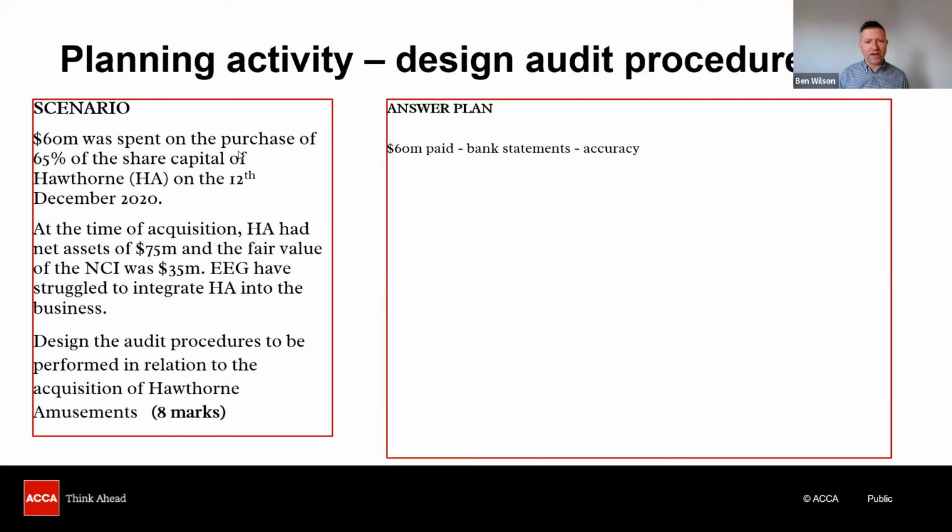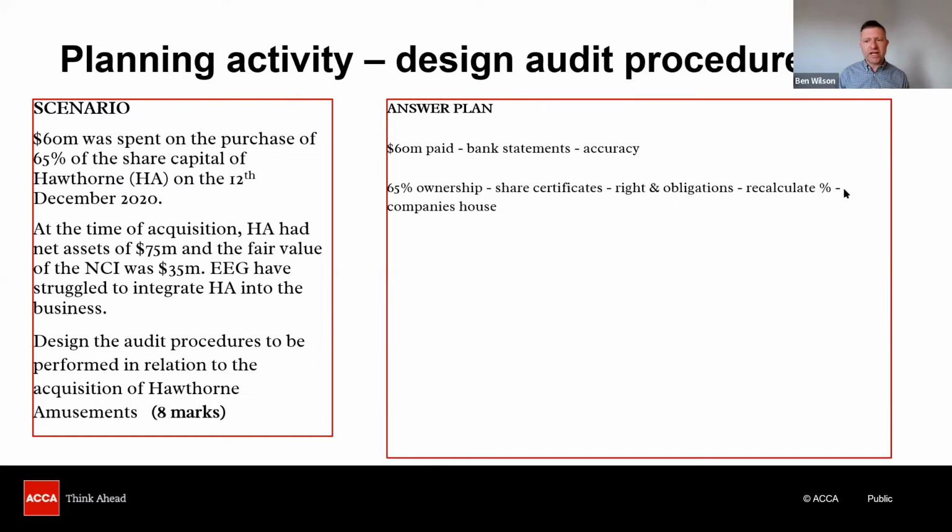How can I verify that fact? Well, I'm going to look at the share documentation, to confirm that I've got the rights and obligations to the share capital, that I actually own it, that they've got my name on them.